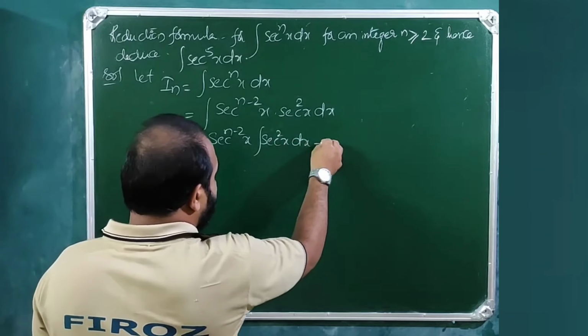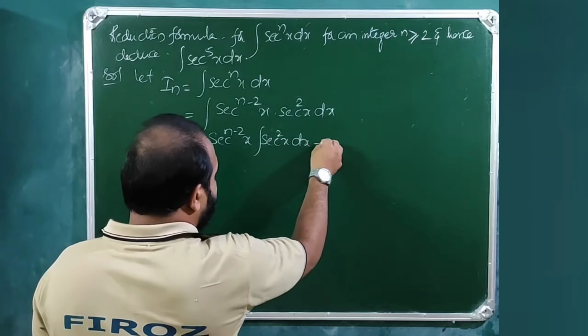So this is equal to secant cube x into tan x by 4 plus, 4 2s are 8, so 3 by 8 secant x into tan x plus 3 by 4 into 1 by 2, which is 3 by 8 I 1.